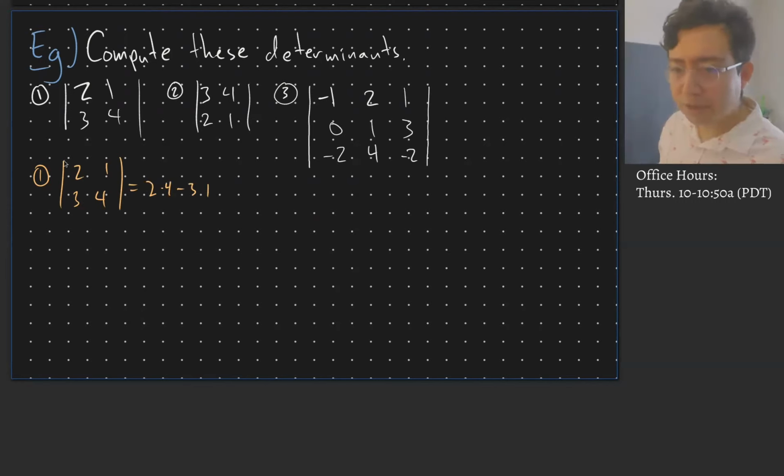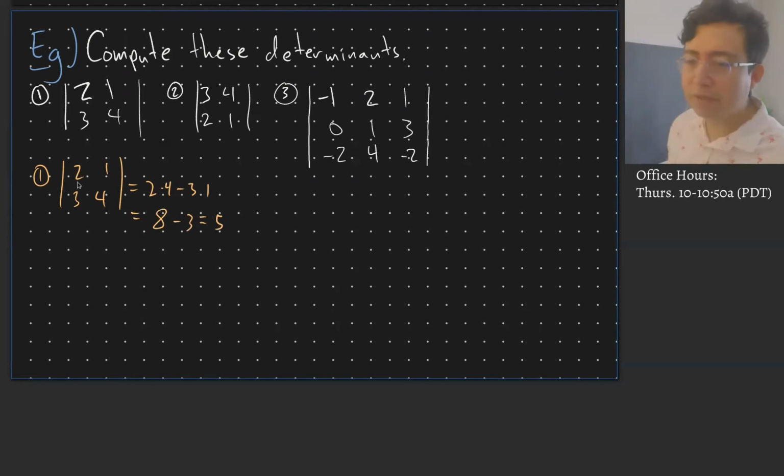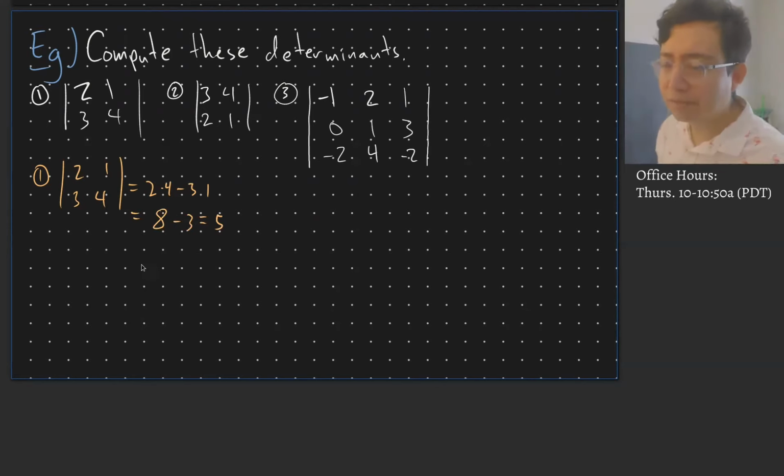Again, in my head, I'm saying this diagonal minus that diagonal. This is going to give us 8 minus 3, which is 5. So the determinant of this matrix is 5. So far, not bad, right? That's pretty straightforward. Take these 4 numbers and just follow that. Let's see with 2.